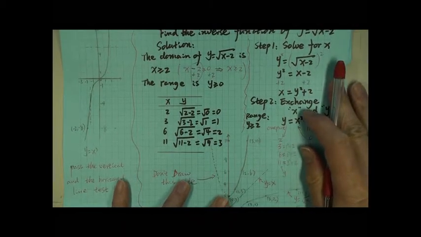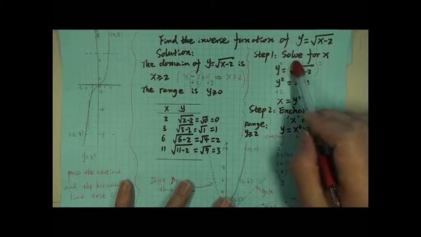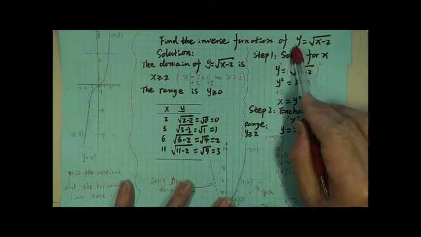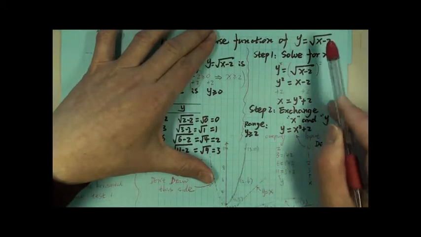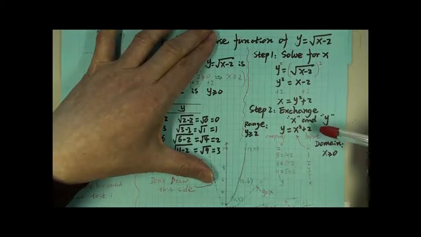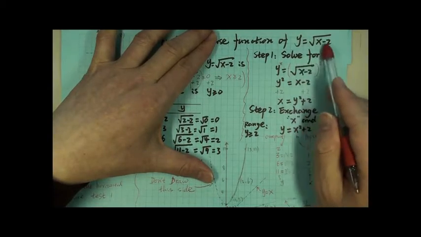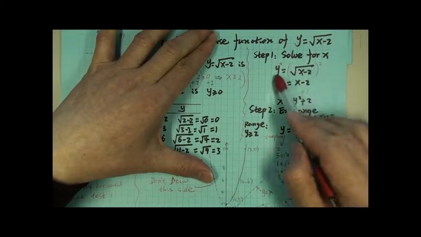How? Two steps. Step 1, solve for x. This is the given one. In order to solve for x, we need to isolate x. We are given y equals radical x minus 2. Square both sides.